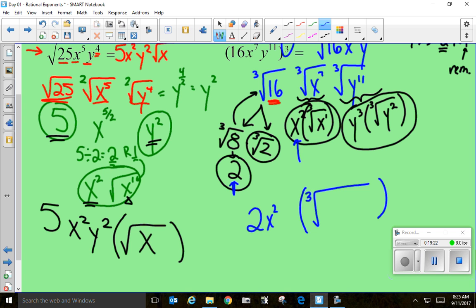And what else? Y cubed. Those are all things that are no longer underneath the radical. What are things that are still underneath the radical? It's going to be 2. What else? X. I don't have to write that exponent 1. You can, but why waste energy? And y squared. And that's absolutely done.